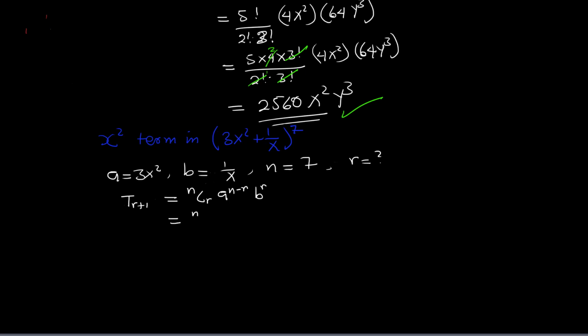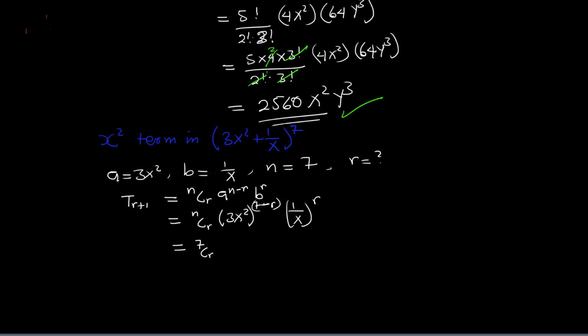So to find r: n combination r, what is a? Our a is 3x squared, to the 7 minus r, 1 over x to the r. We are going to apply some laws of exponents to solve this problem.